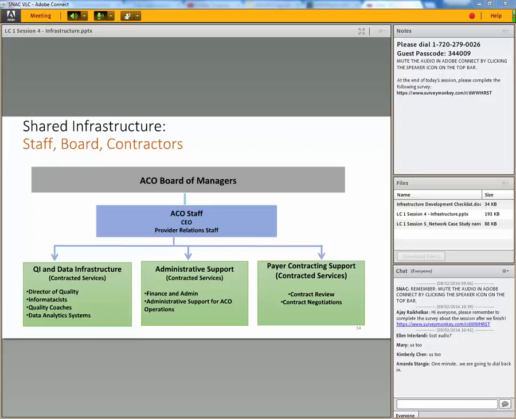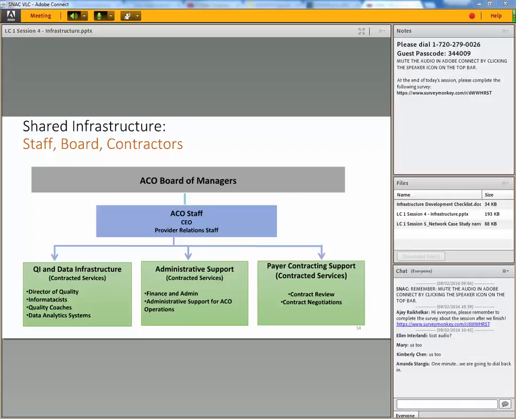This is simply the fact that as a freestanding entity, this network needs finance and admin support and support for other functions. They subcontract that out to a third-party entity, and then contract review, contract negotiation.